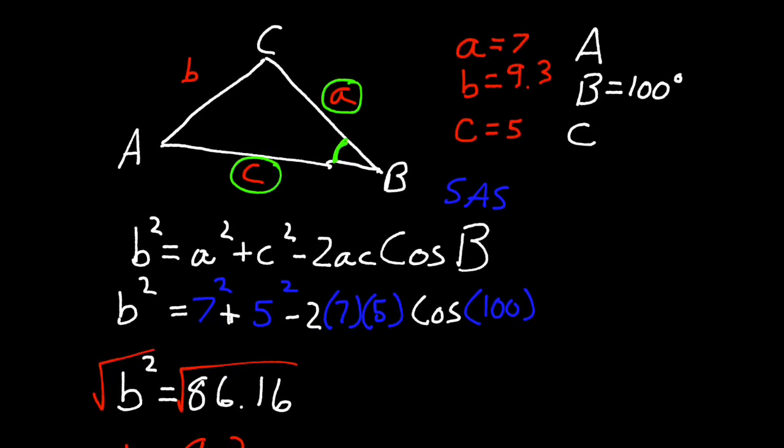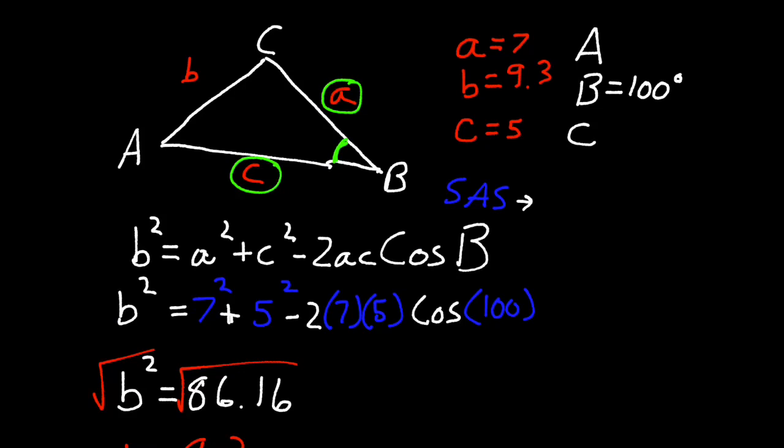Now, I know what B is, side B. I need to find angle A and angle C, and we have options. Because I already know all 3 sides, I don't have to use the law of cosines to get A and C. I can use the law of sines. And since those formulas are simpler, that's what we're going to do with a side angle side setup.